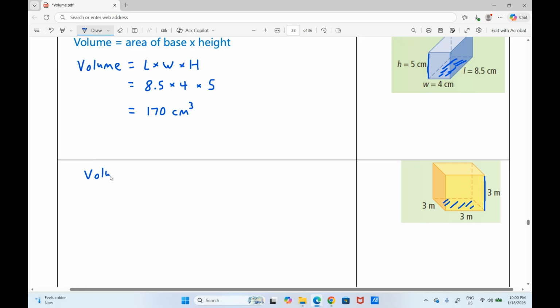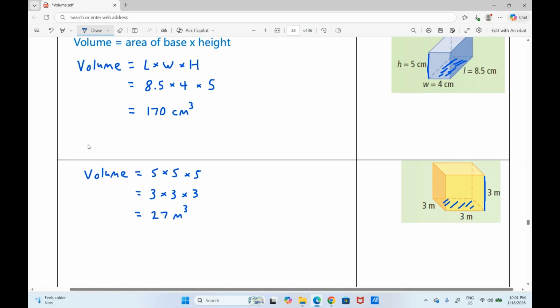To find the volume for a cube, since every side is the same, I'm simply going to write side times side times side. In this case, one side is 3, so I write 3 times 3 times 3, and I'm going to get 27 meters cubed for my volume.